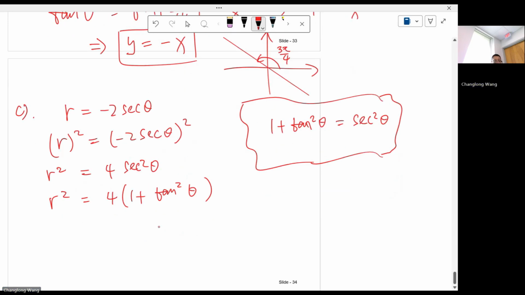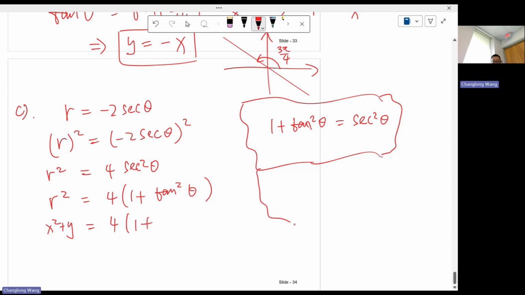Okay. Now, what are you going to do? You see that R, square it, so you get x squared plus y squared. This is 4 times 1 plus tangent squared.